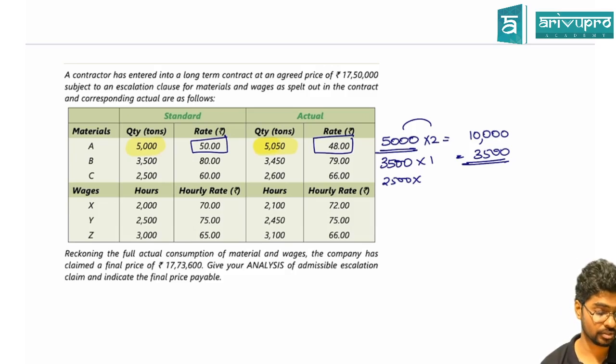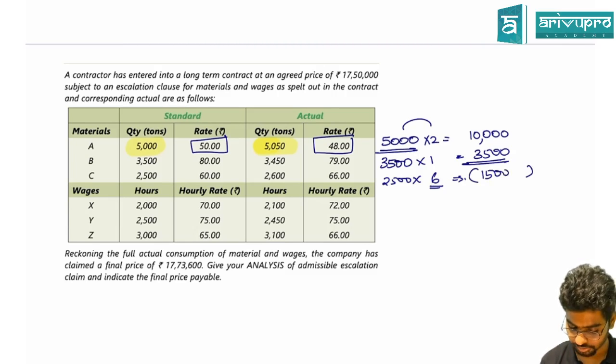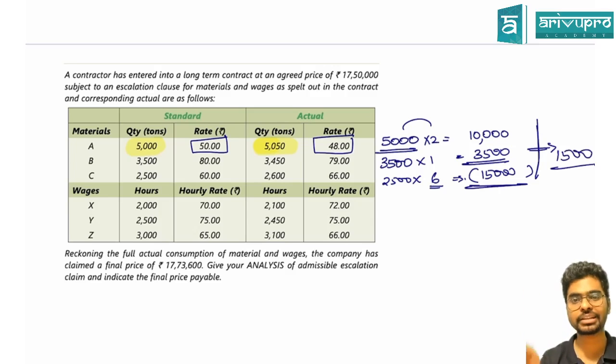Increase by how much? 6 rupees, right? So this becomes a loss, that is 15,000. So the net increase basically is only 5,500 because two materials' prices went down, one material's price went up. Are you guys clear?